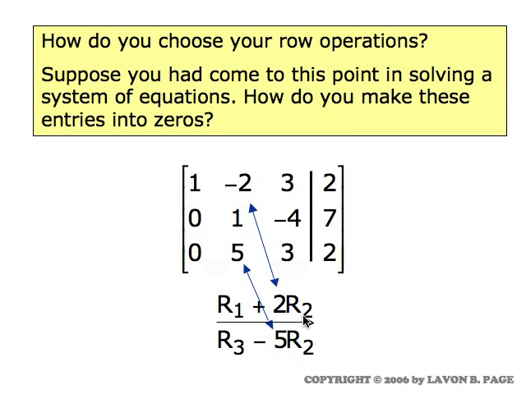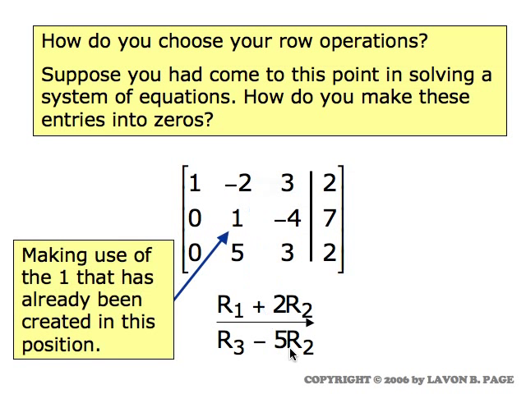And row 1 and row 2 are automatic because we're using the 1 from row 2 and we're changing row 1. So when you're trying to zap out this guy, you know you're going to be combining row 1 and row 2. The only question is what this multiplier should be, and it's determined by this being the -2. And similarly for the -5 here. Keep in mind that if you're doing row operations to produce a 0, you're always doing it by using the 1, which has already been created in that column.